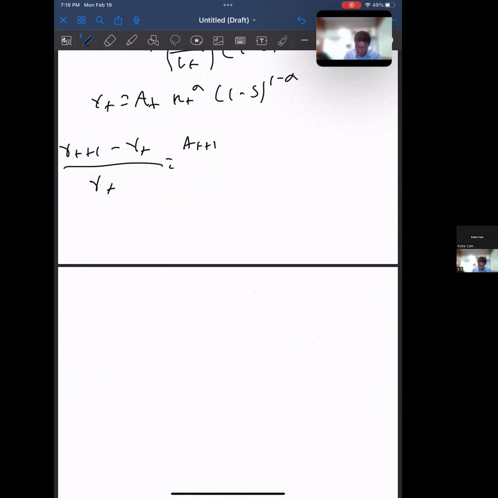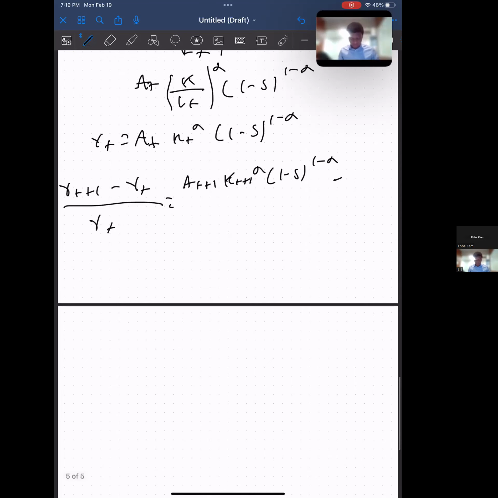This is equal to capital per capita at t plus 1 to the α, (1 minus s)^(1 minus α), right? Minus, and remember, I added 1 there because we're looking at y_{t+1}, but now since we're looking at y_t, you want it in the same way we have it up there. So let me just bring this down actually.